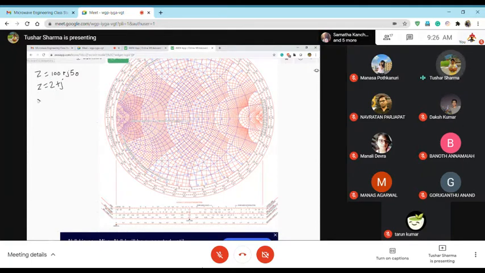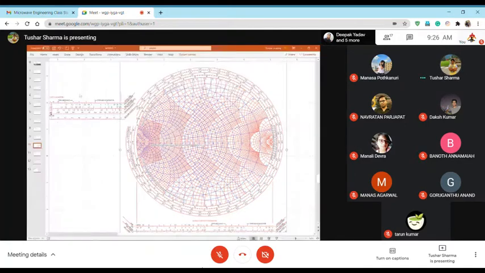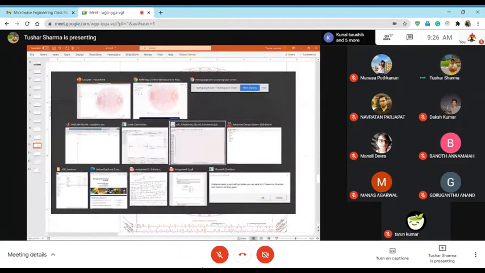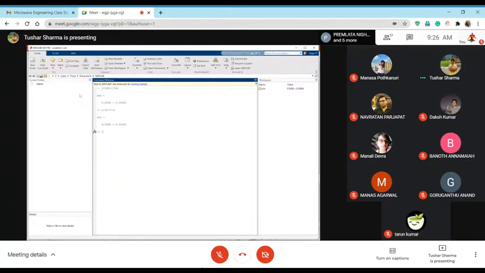So what will be my normalized Y? That will be 1 upon normalized Z, which is 1 over 2 plus J. So how much will this be? Let me, so 1 divided by 2 plus J.